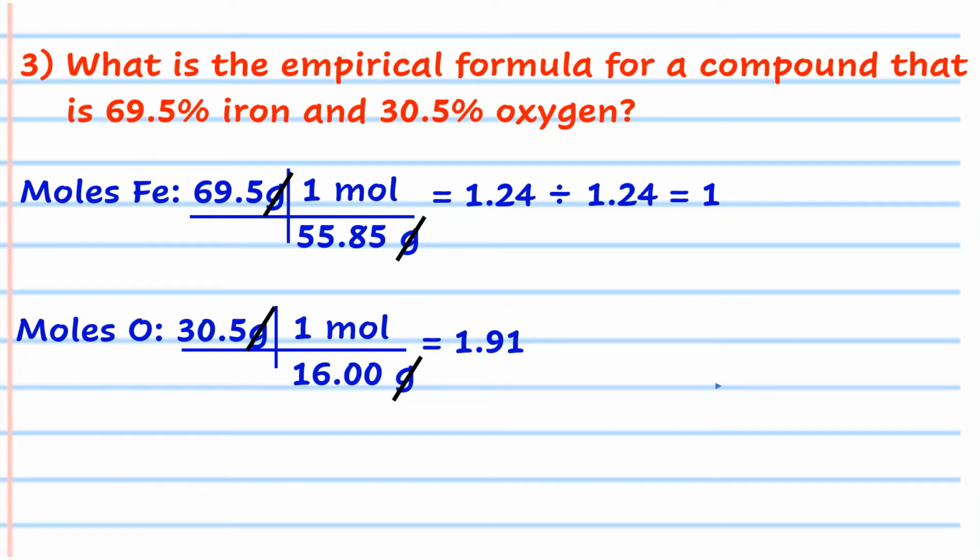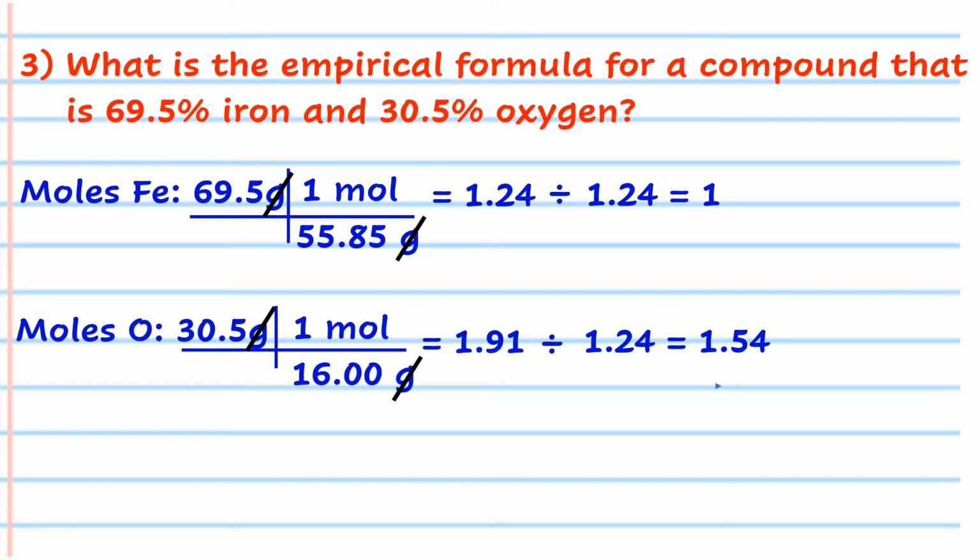So 1.24 divided by itself is 1. And 1.91 divided by 1.24 is going to give us 1.54. So 1.54 is about halfway between 1 and 2. We really can't say that it's very close to 1, and we can't say it's very close to 2 either. So in this case, we can't just round this to 2.